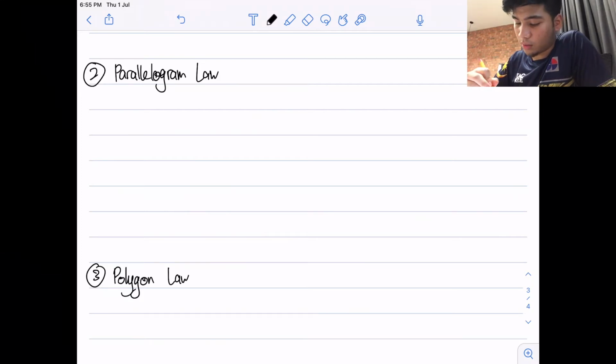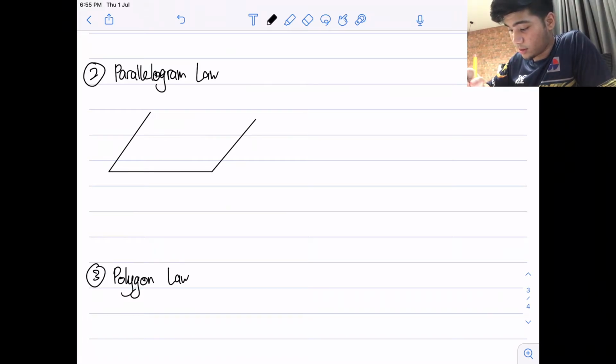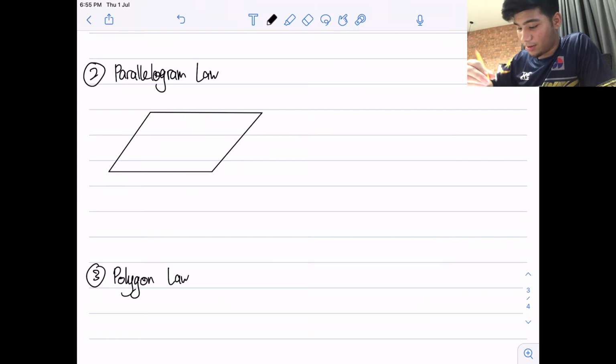Let's draw our parallelogram here. I know the sides are not particularly parallel to each other, but this should work. As long as you see these arrows, you already know that they're parallel; usually they're stated in the question.